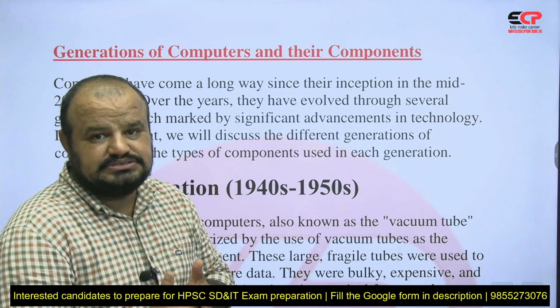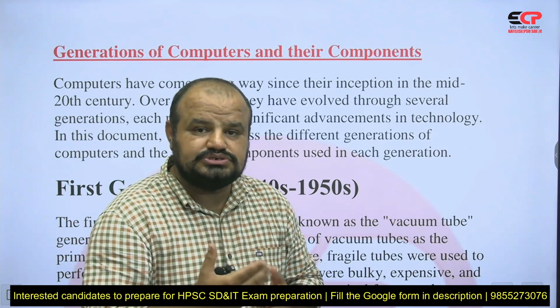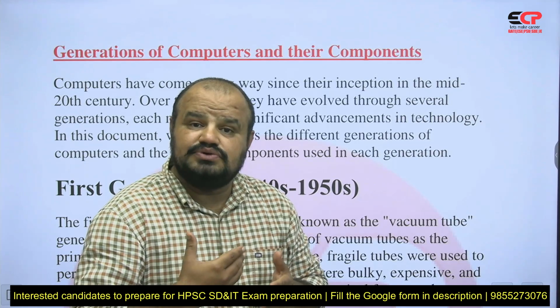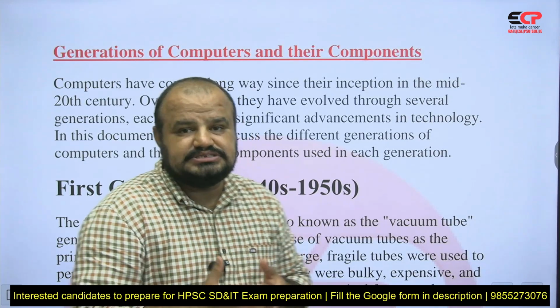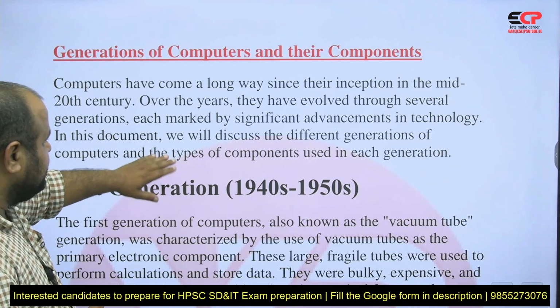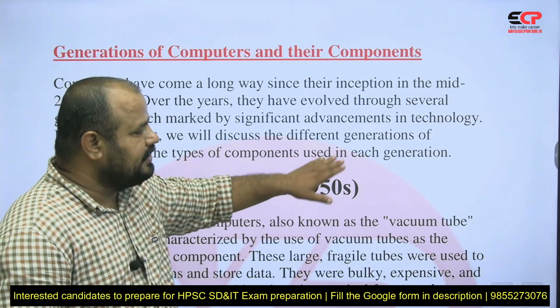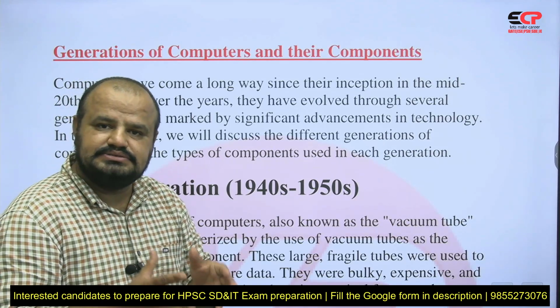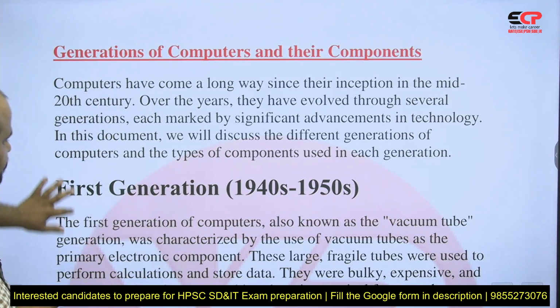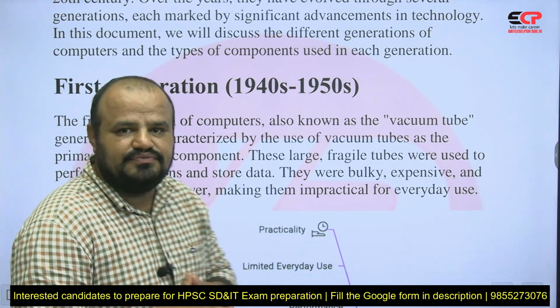Advancement in the sense of electricity consumption, cost, computing power or processor power. So in this document we discuss different generations of computer and the types of components used in each generation. Moving ahead, the first generation is from the era of 1940s to 1950s.